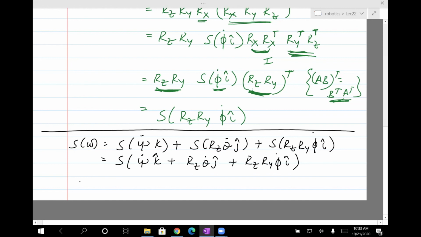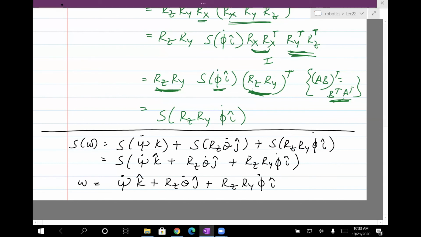So what this is saying is that omega, the angular speed, is psi dot K plus Rz theta dot J plus Rz Ry phi dot I.